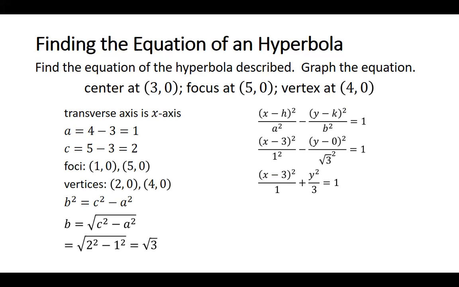So please take note of that on that line, that is x minus 3 squared over 1 minus. So let's see if I can draw here. Make that minus. That is not plus. Make that minus y squared over 3 equal to 1.